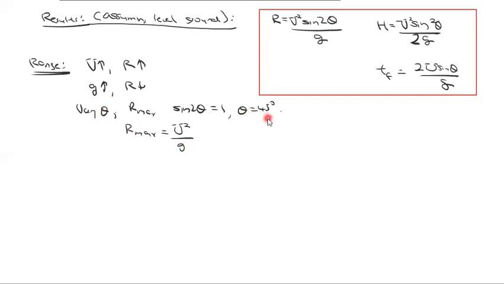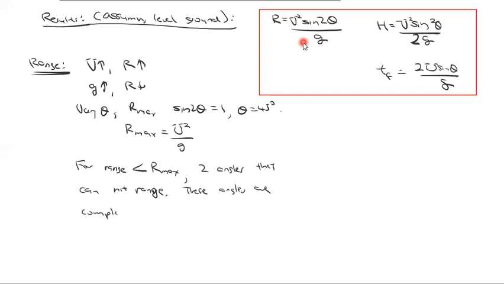And also because of this, for any range less than the maximum range, there are 2 angles that can hit that range. And these angles are complementary. So we're not really deriving the results, I'm more or less just telling you, and these results can most definitely be helpful when you're doing certain questions, right?